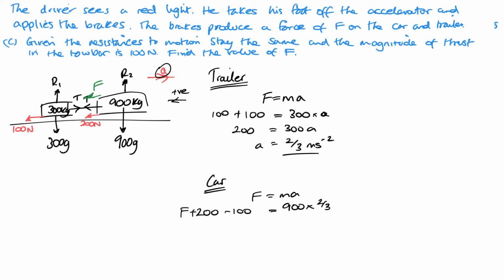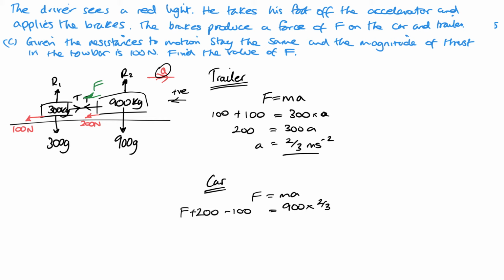So much like in the trailer, we used the 100 newtons and essentially the arrow going to the left acting on the trailer. We're using the F and the 200, which is going left, and this thrust here, which is going right, which is acting on the car.